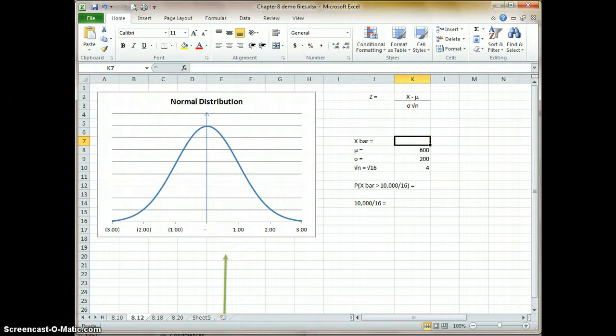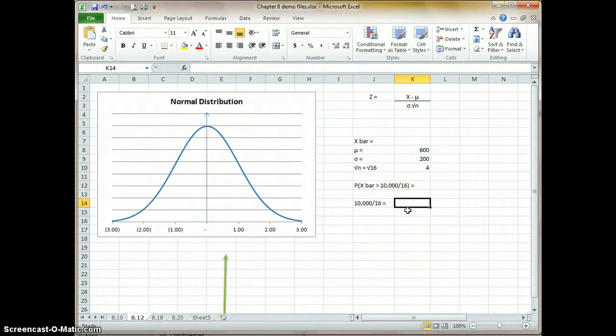So what we need to do is calculate an average hourly number of customers that's necessary to exceed 10,000 in one 16-hour day. So again, we want to go to a z-score, but the first thing we need to do is calculate the probability of that sample being greater than 10,000 divided by the 16.